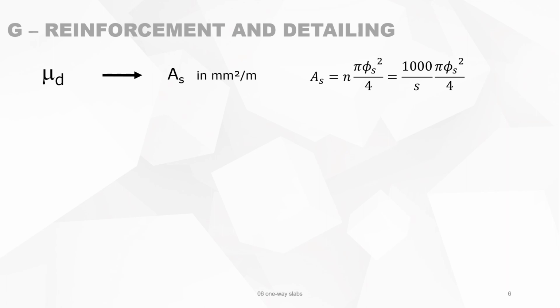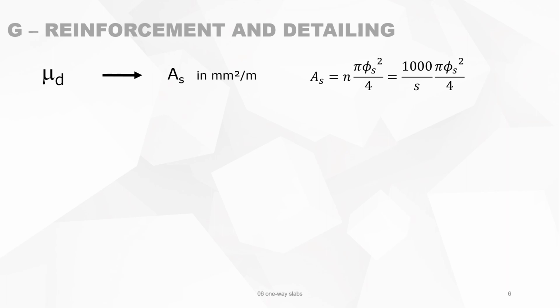The difference now is that in the conversion of needed reinforcement, you have two parameters. It is the number of rebars and the diameter, and it's the number of rebars per meter slab.